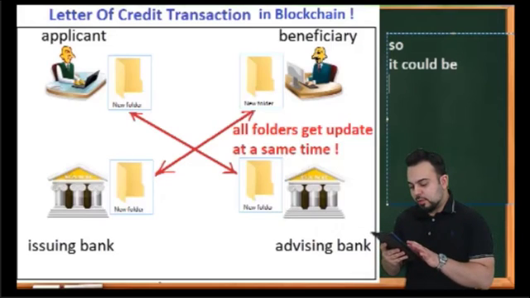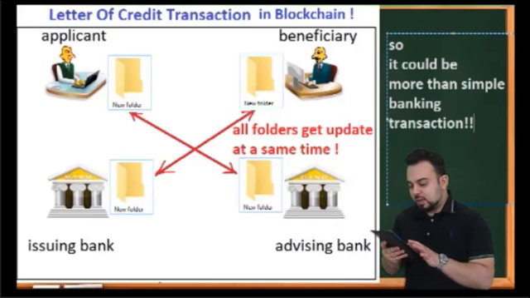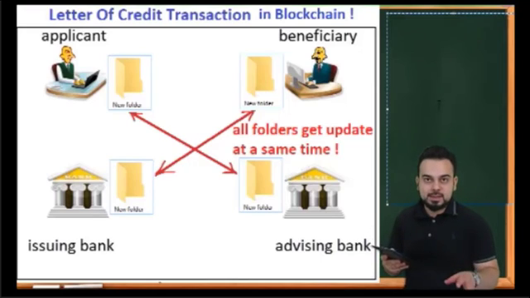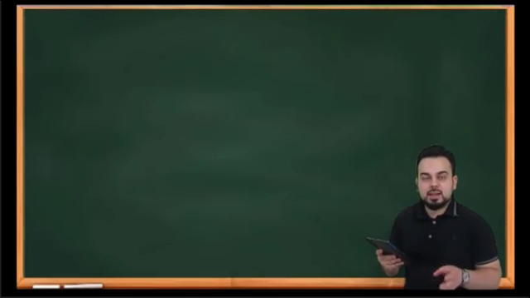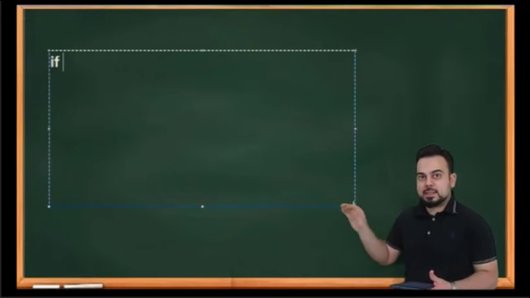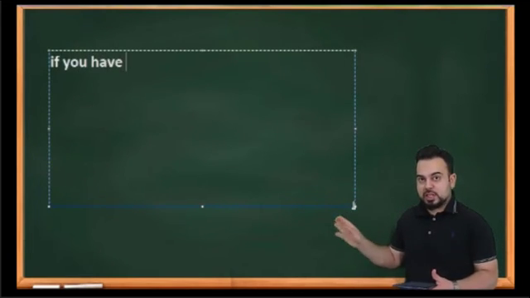Anyway, the thing that is very important, this mechanism can reduce cost and time, and have a magic effect for all businesses. And now some of the countries and banking systems work on this platform, blockchain mechanism.